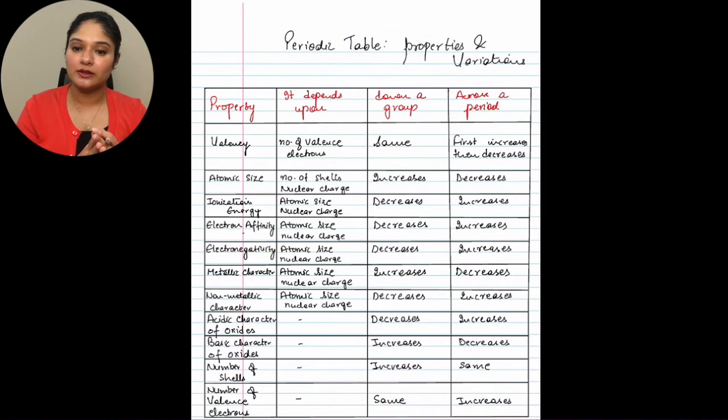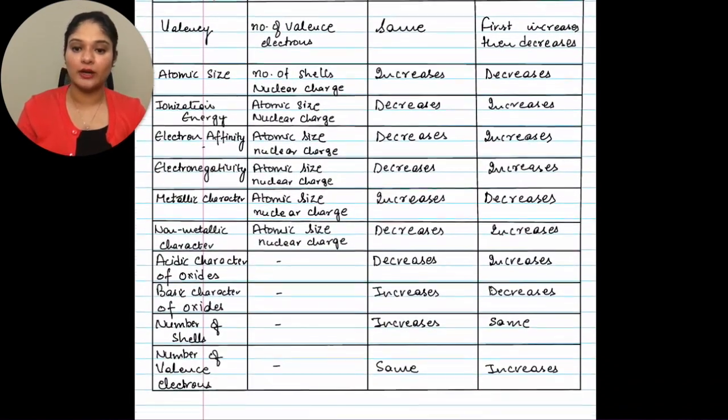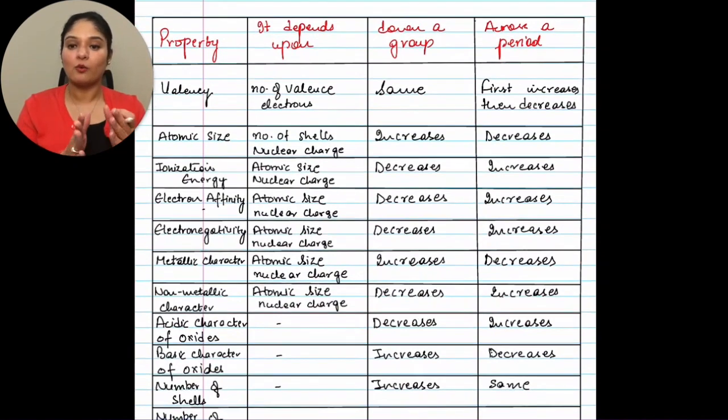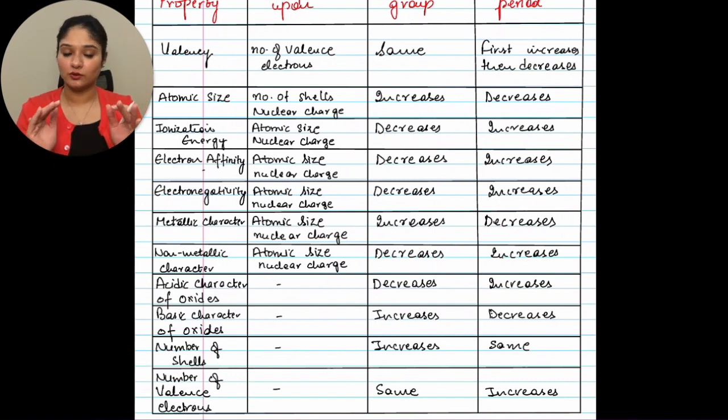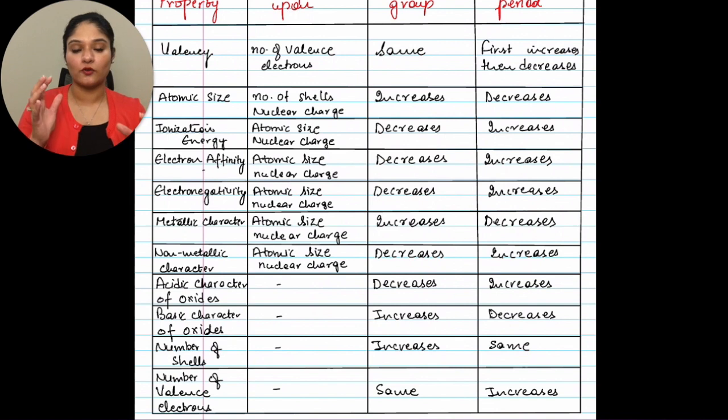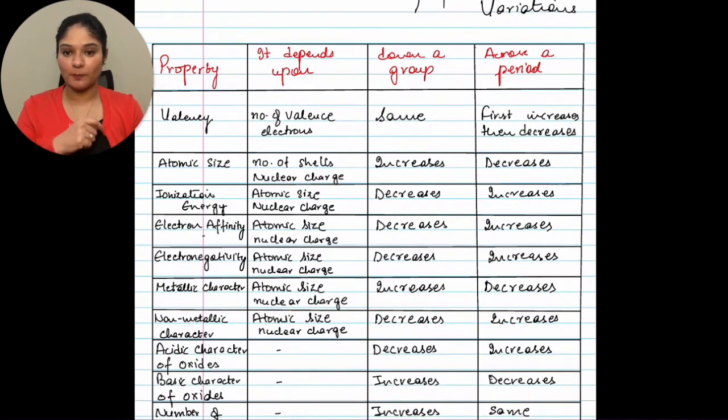So I have done the same thing over here. First of all, I have tried to write all the properties, what it depends upon, and then its trend, that is across the period and down the group. Now as I go along, take a look at this chart from that perspective that I'm trying to make you see. So let's look at the properties first.